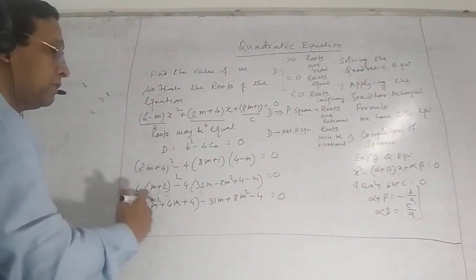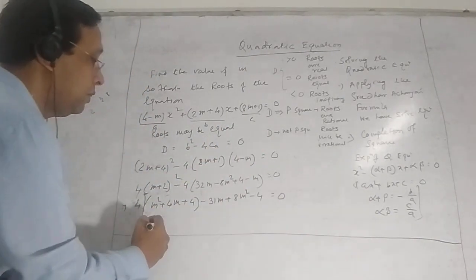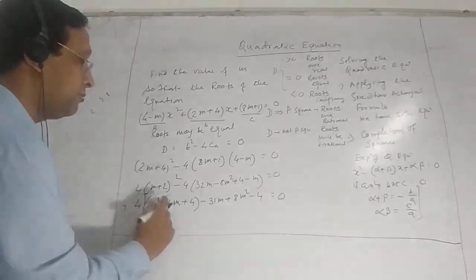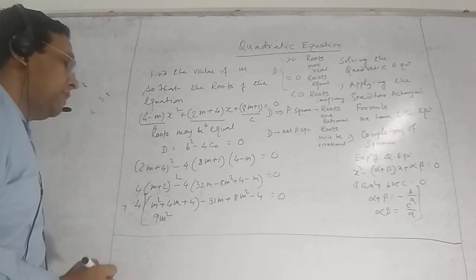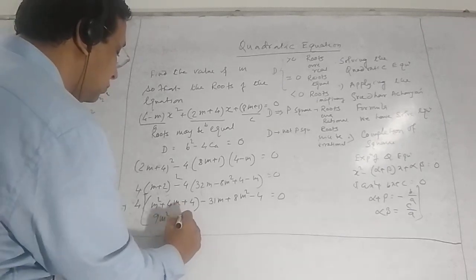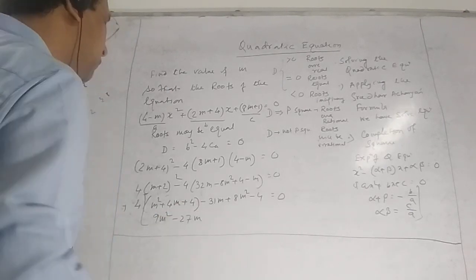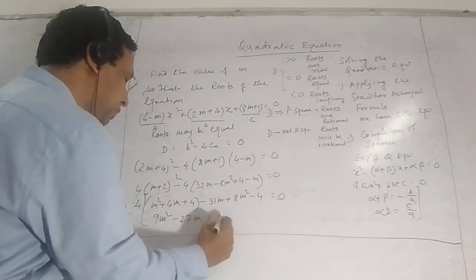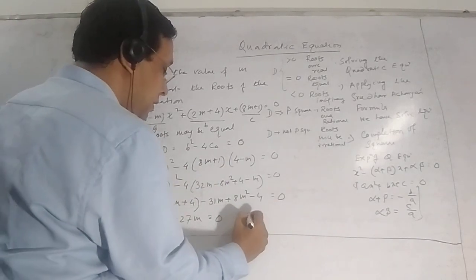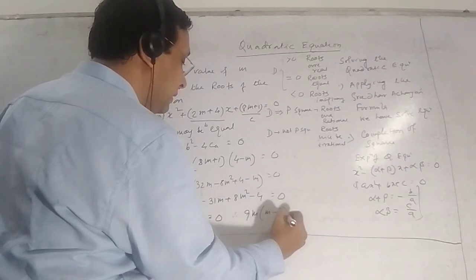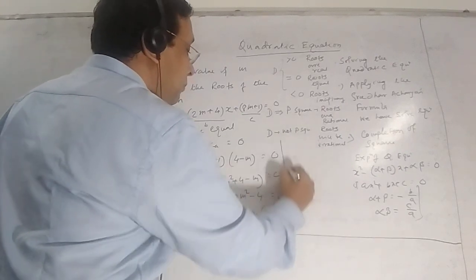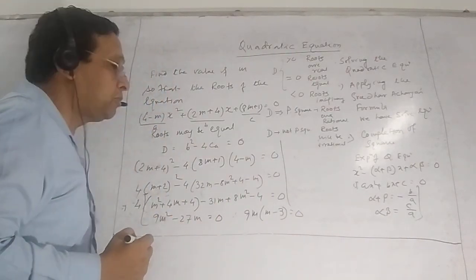So this 4 is vanished, 0 by 4 is equal to 0. Now m square plus 8m square is 9m square, and 4m minus 31m is minus 27m, then 4 minus 4 is cancelled, is equal to 0, and therefore taking 9m common, you get m minus 3 is equal to 0.